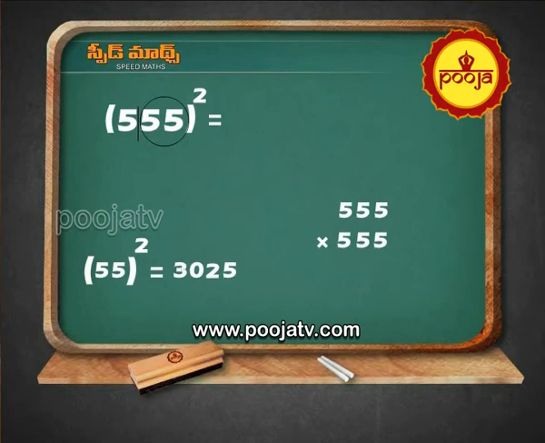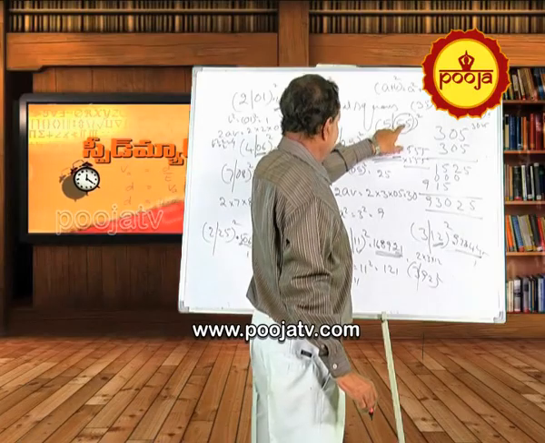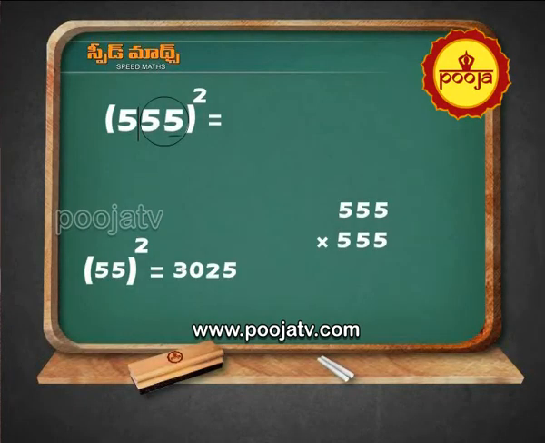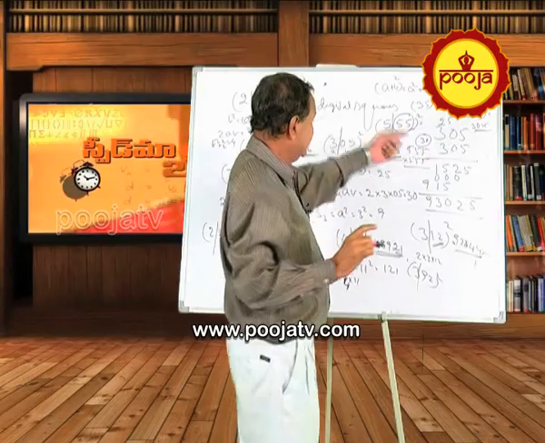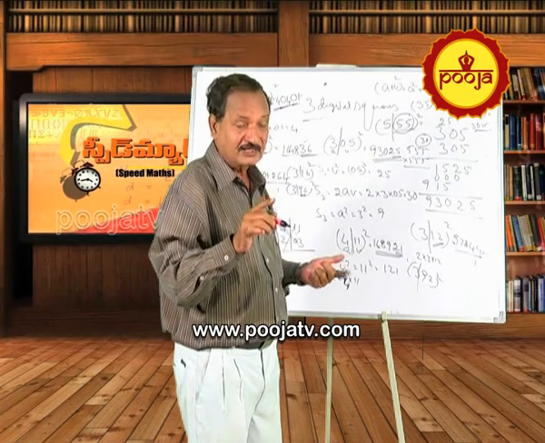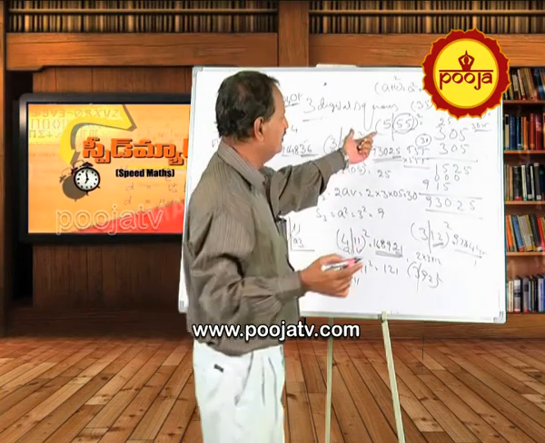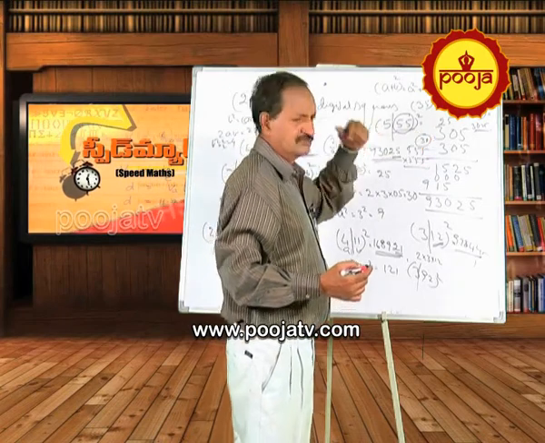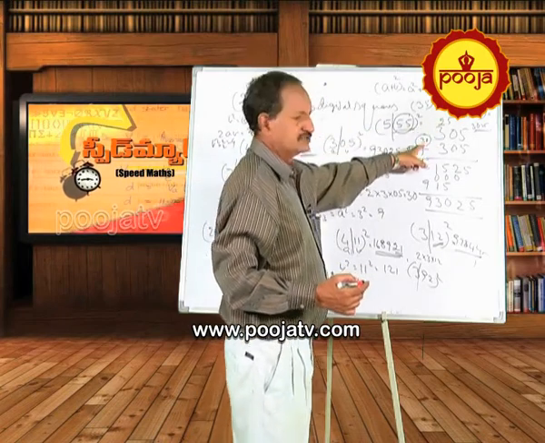Like this, you take starting with 5, 5 fives are 25, plus 5 is 30, 30 plus 5 square 25. So 55 square is 3025. Write 25 here and 30 outside, because you have to take only 2 digits, mind it. Like that you have to use your brain, because 55 is a bigger number, we cannot square it directly. Why I told you the special square ending with 5, starting with 5, immediately you have to use your brains. So 55 square is, we know it is 3025. Write 25, keep 30 outside.